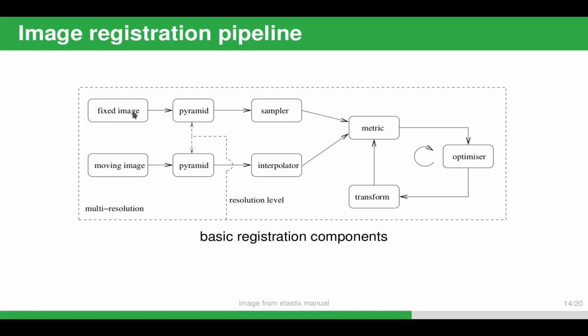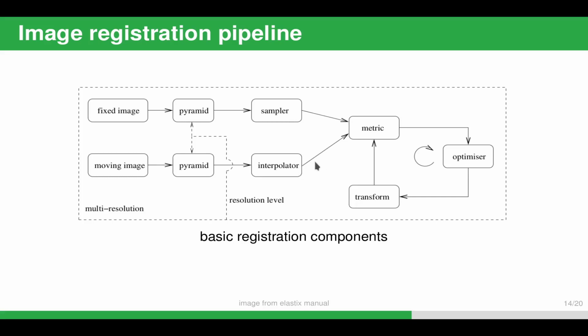We know what the fixed and moving images are, and we're going to skip this for a moment, and first note that the transformation is going to be the main output of the algorithm. So what we need to do then is take the moving image and transform it using this transformation and using interpolation as we learned.